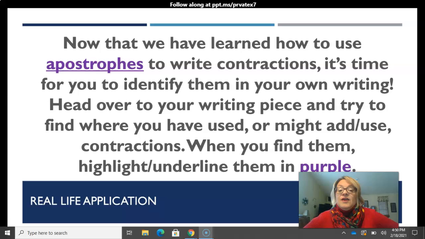And if you did, why don't you highlight that in purple so that way you can show us that you're using what you learn in grammar in your writing as well. Okay, friends, we can't wait to read all of those great writing pieces and see where you've used contractions with apostrophes.